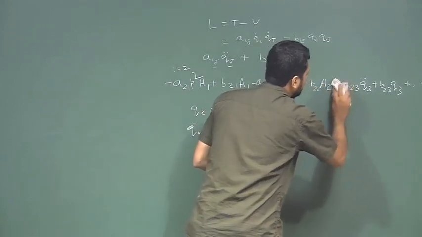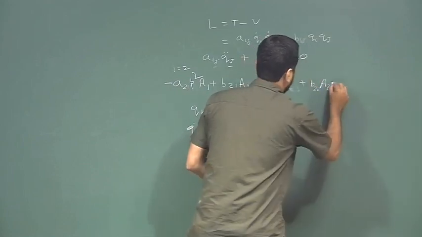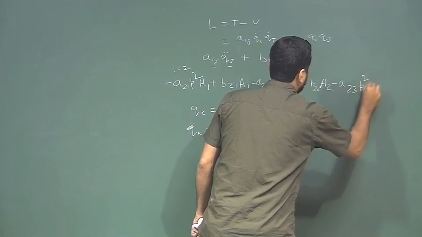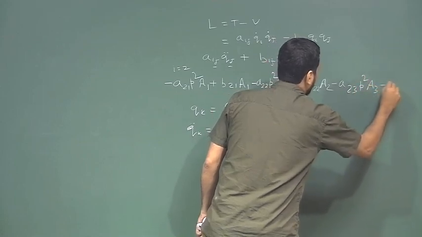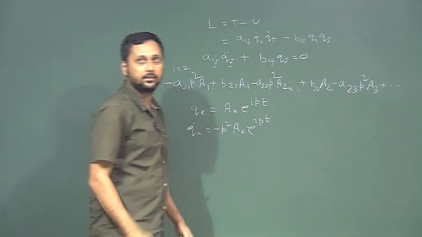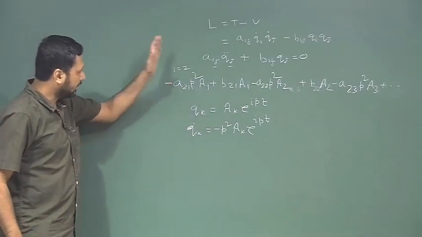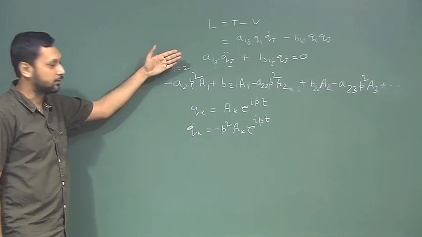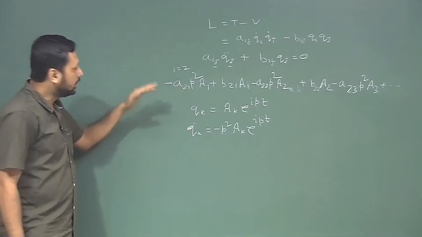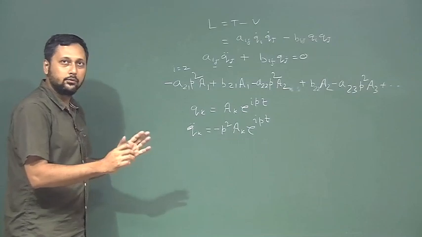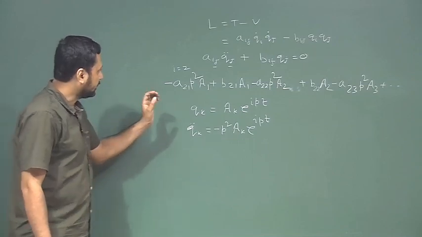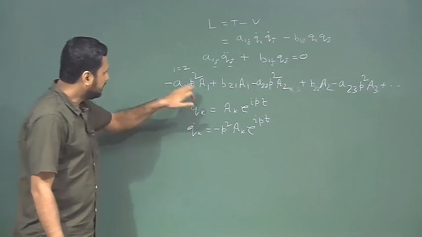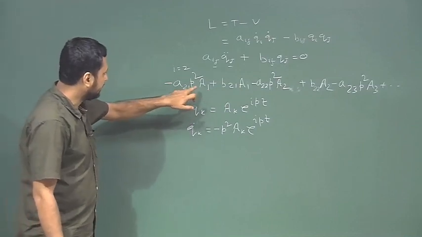Similarly, this one will be minus a_23 p square A_3, and there will be other terms like this. Again, this equation is for i equal to 2. For i equal to 1 there will be one such equation, for i equal to 3 one such equation. So, it is a simultaneous equation in A and p.